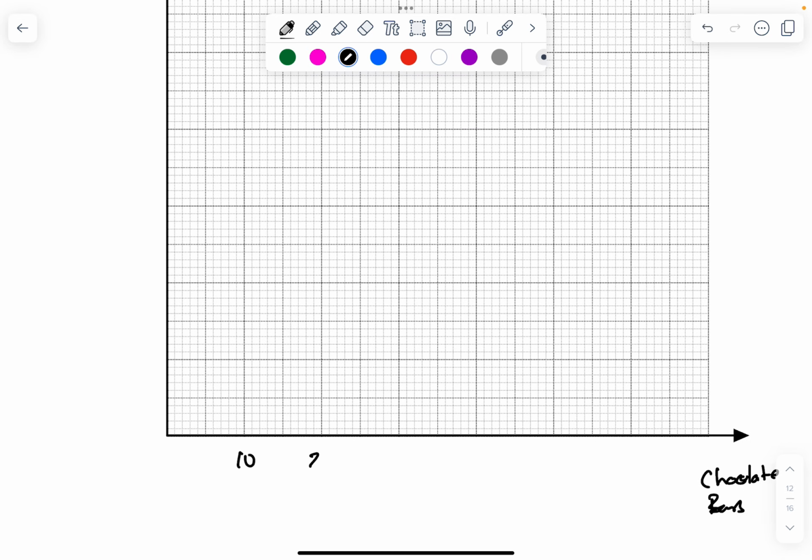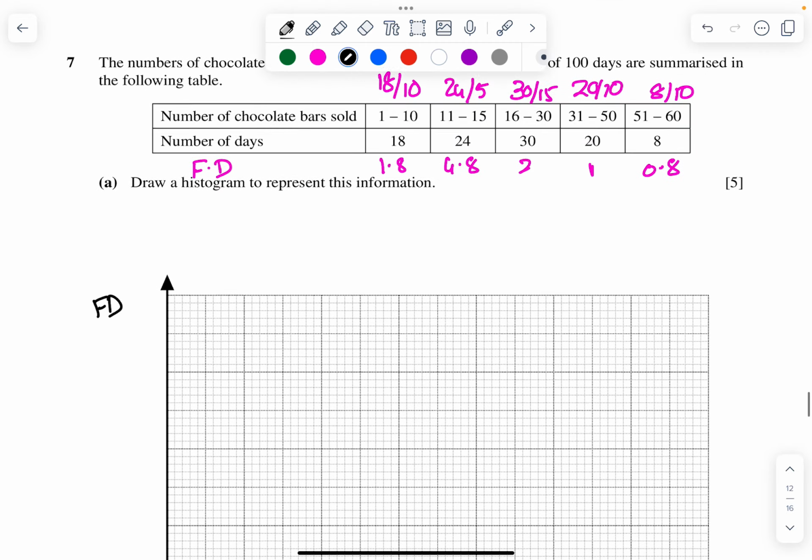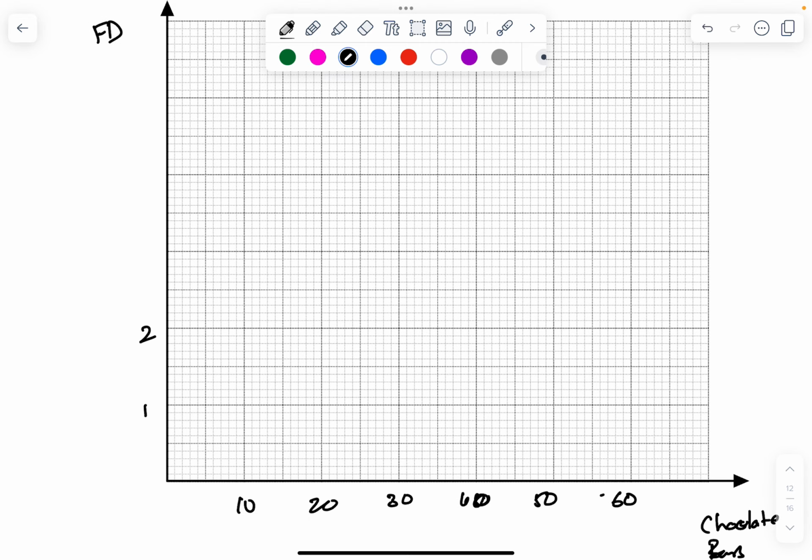So 10, 20, 30, 40, 50 and 60. And the maximum height is 4.8. So 1, 2, 3, 4, 5.